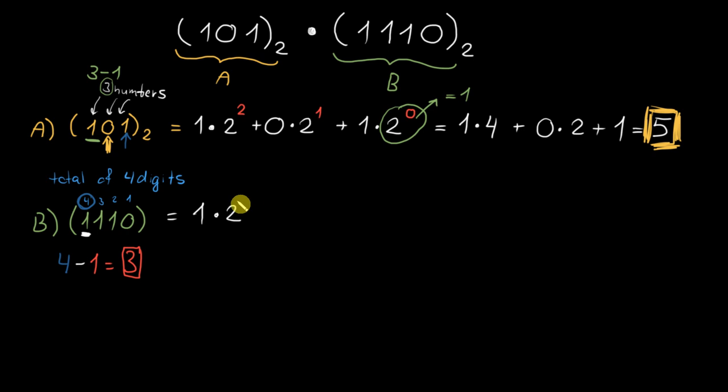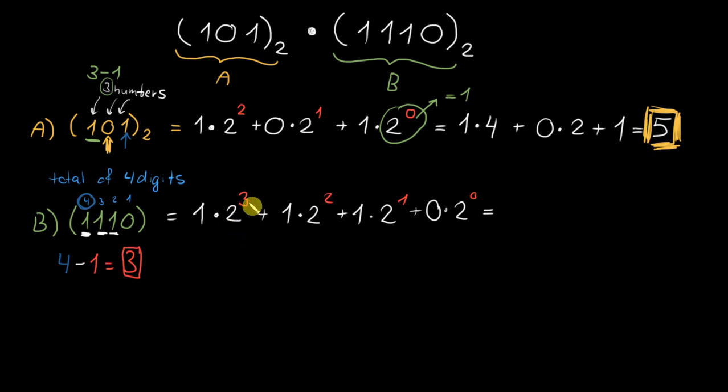So we start with 3, and then we continue on. We put a 1 times 2 to the power of 2, plus again 1 times 2 to the power of 1. And then lastly we have a 0, but let's just write it out.